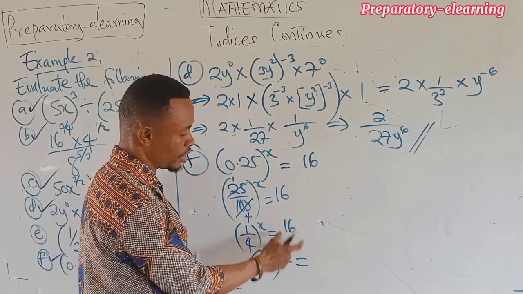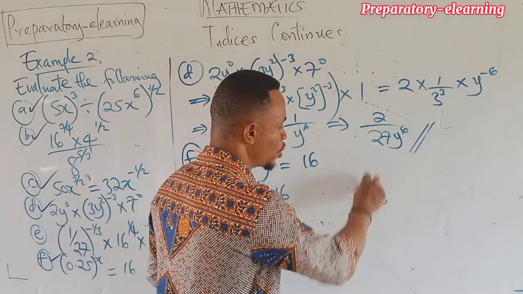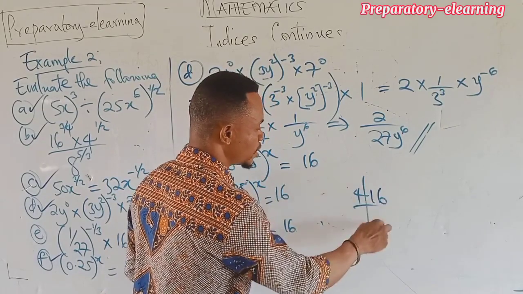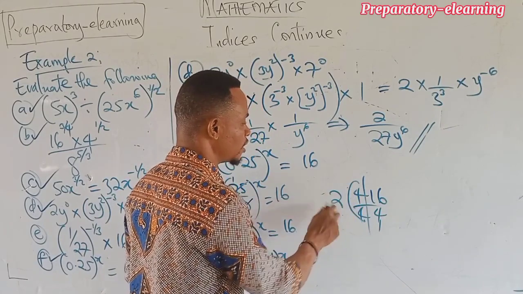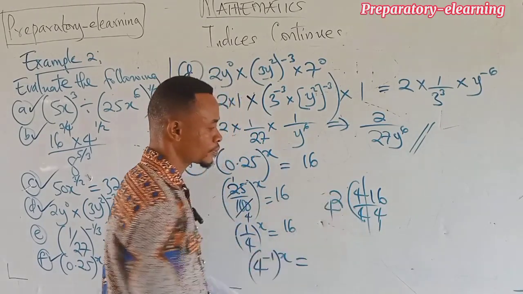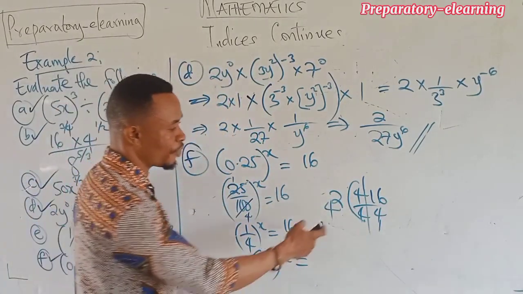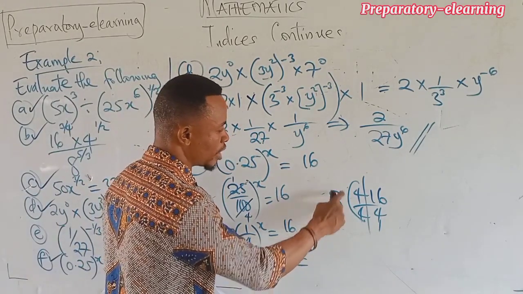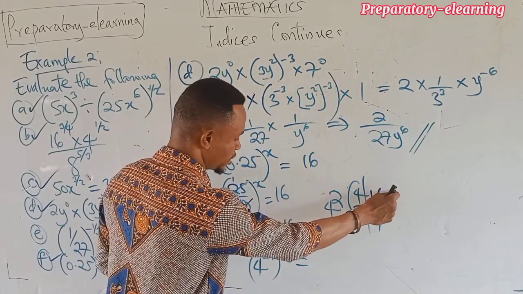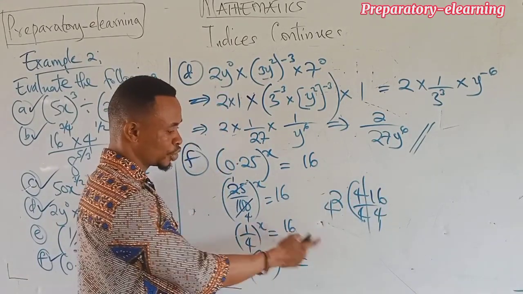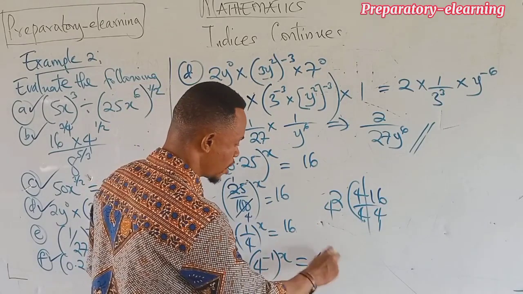If you are using 4 to divide 16, how many 4s do we have in 16? We have 2 fours. That is 4 power 2. 16 is 4 power 2. 4 power 2 is 4 times 4, which is 16. So in place of this 16, we put 4 power 2.